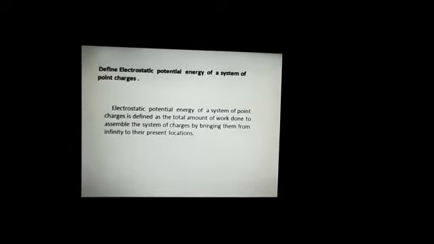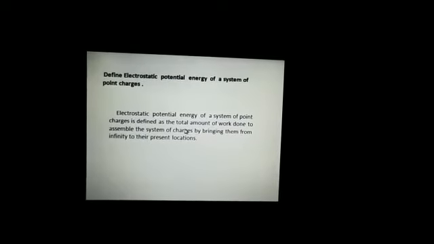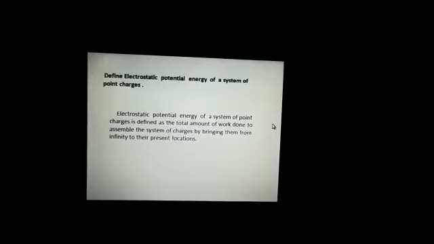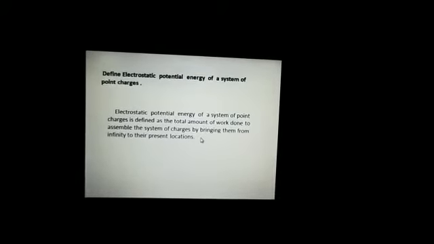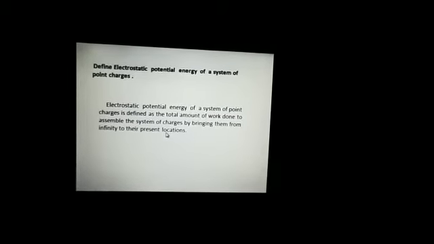Now we define the term electrical potential energy of a system of two charges. Electrical potential energy of a system of point charges is defined as the total amount of work done to assemble the system of charges by bringing them from infinity to their present location.